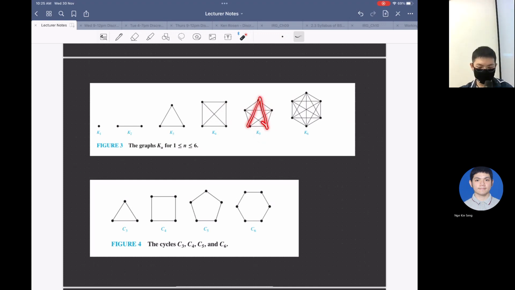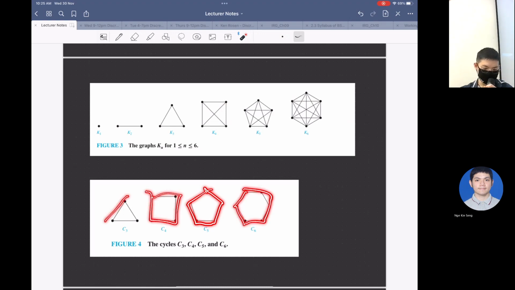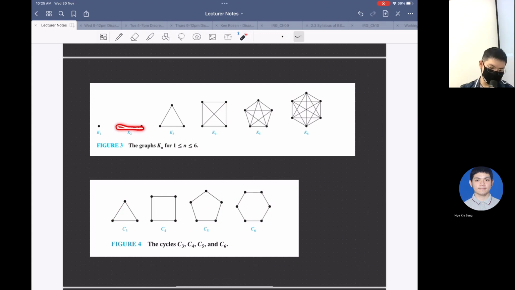You can draw stars in it, not just the boring cycle here. These are the cycles. K2 has a path, but not a circuit because you cannot come back. If you come back, then you need to reuse it. Okay. Hamilton path, Hamilton circuit.